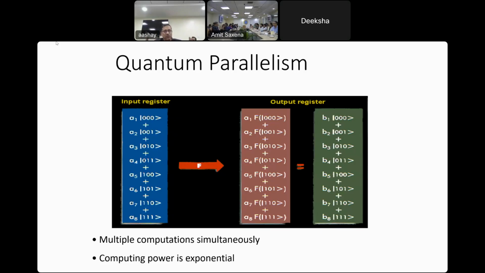Synthesis means you make a larger box using smaller components. Ultimately the larger function of large qubit size will be synthesized in terms of single-qubit and 2-qubit functions. But I am not covering that here.